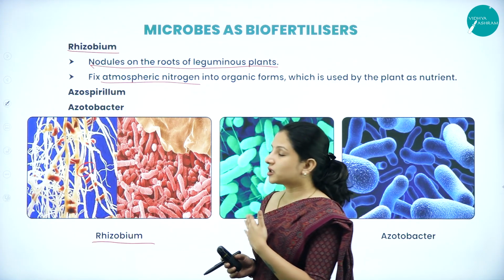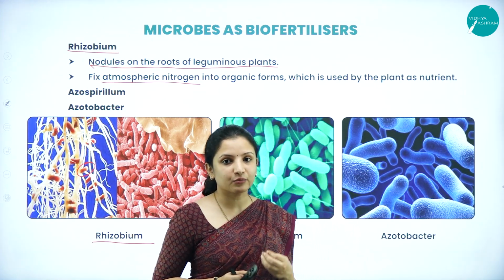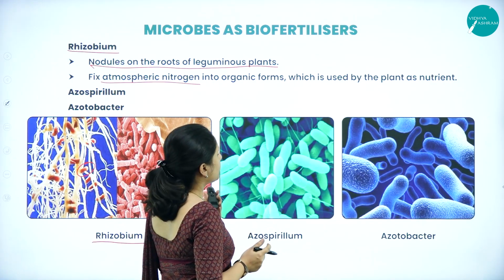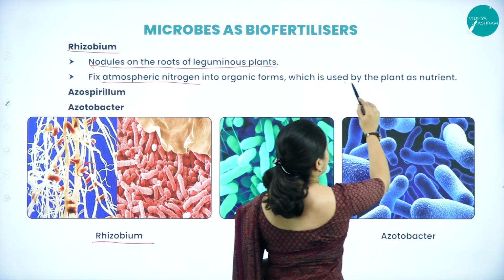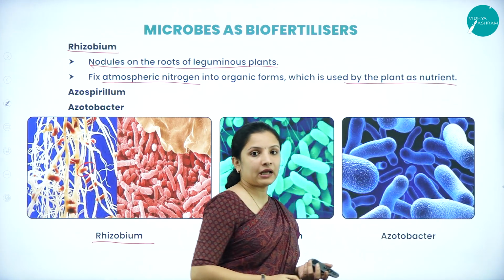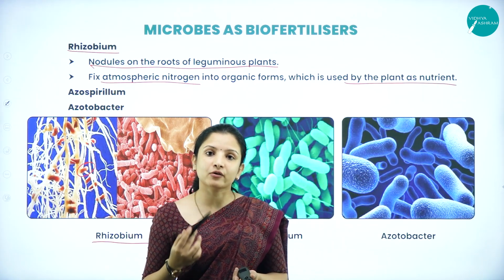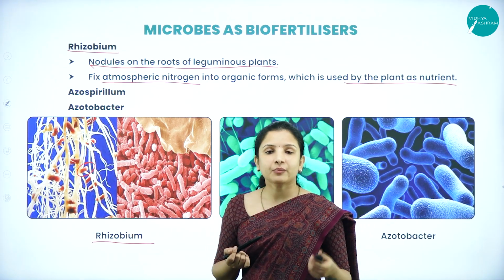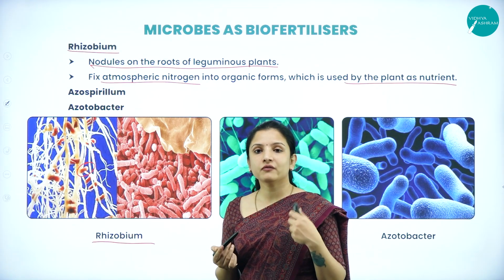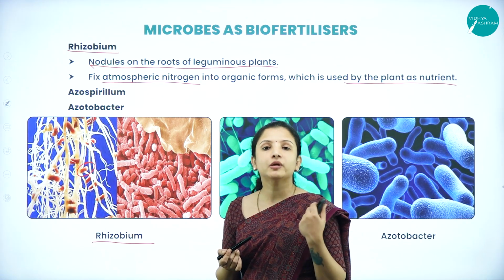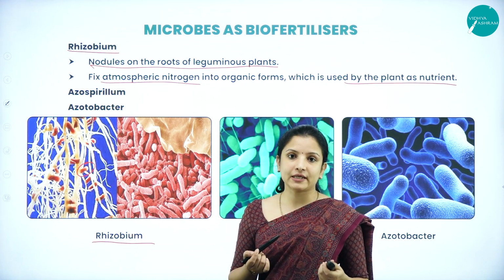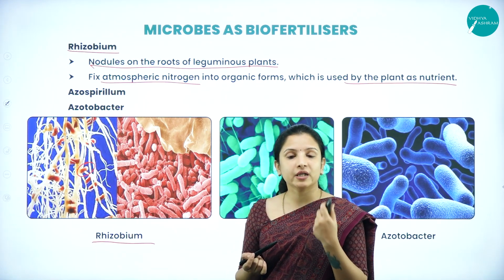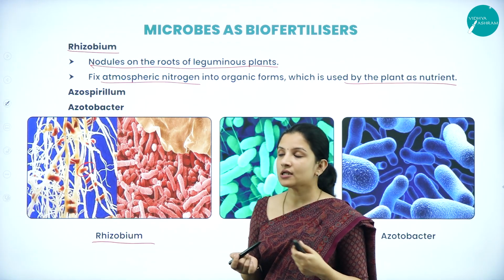So in order to fix atmospheric nitrogen, these rhizobium bacteria are very, very important, and therefore they act as a nutrient to the plant, because nitrogen is one of the major macronutrients for the proper growth of the plant. And not just that, apart from rhizobium, there are also various other bacteria that can be used as a biofertilizer, and they help in the formation of the nodules and also in nitrogen fixation.